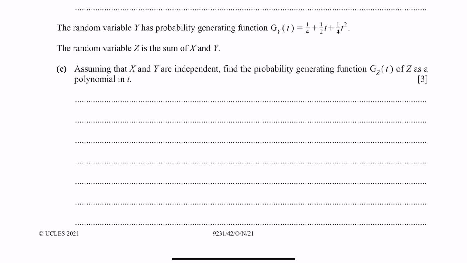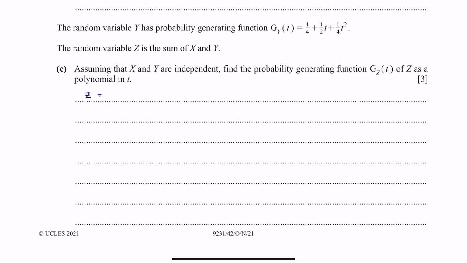Part C. The random variable Y has probability generating function equal to 1 over 4 plus 1 over 2 t plus 1 over 4 t squared. The random variable Z is the sum of X and Y. Assuming that X and Y are independent, find the probability generating function of Z as a polynomial in t.